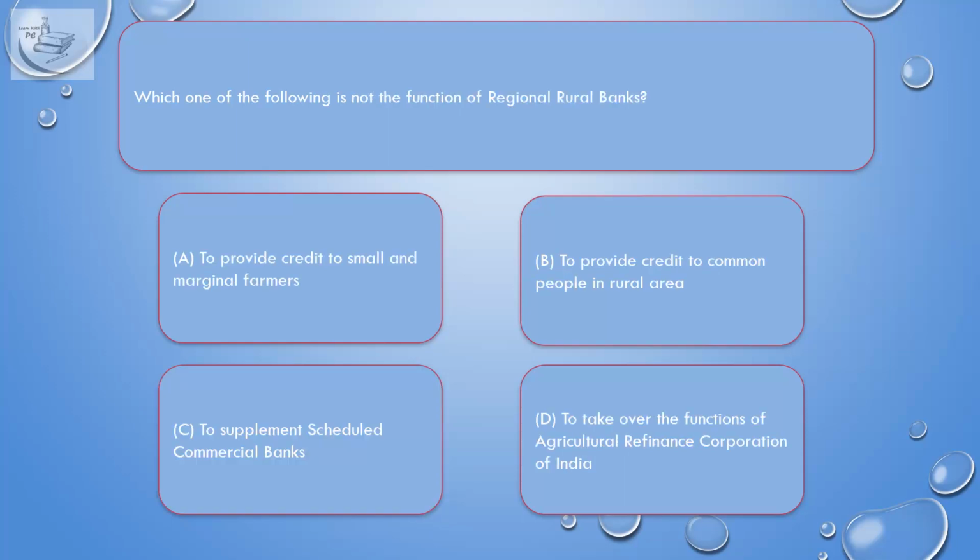Question: Which one of the following is not the function of regional rural banks? A. To provide credit to small and marginal farmers, B. To provide credit to common people in rural area, C. To supplement scheduled commercial banks, D. To take over the functions of Agricultural Refinance Corporation of India.